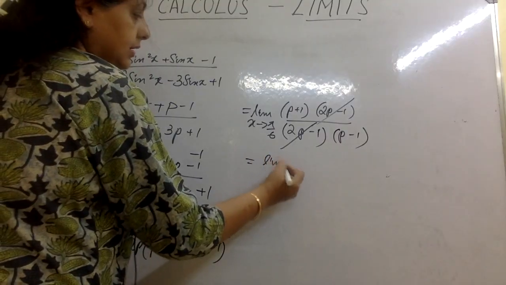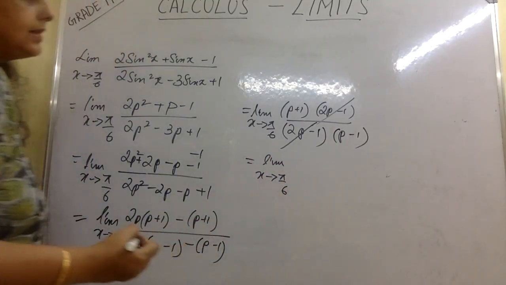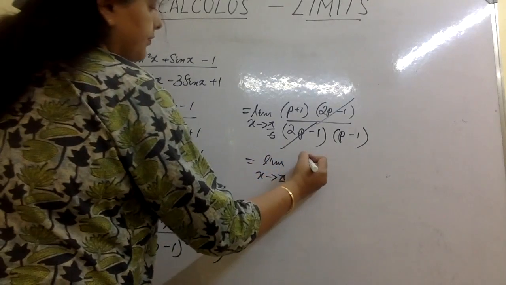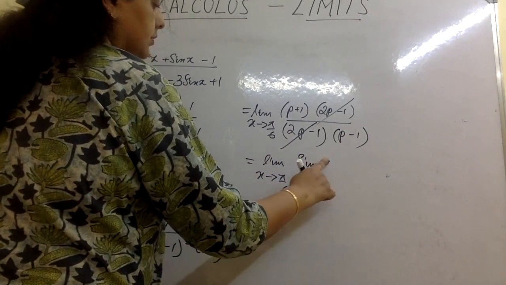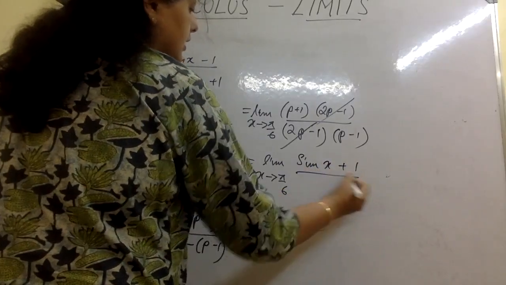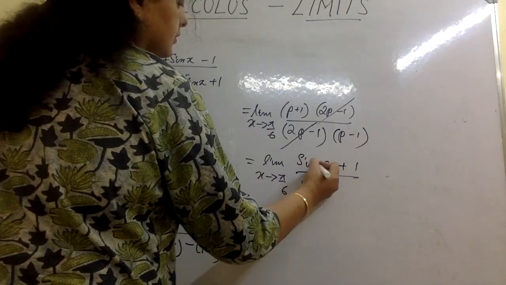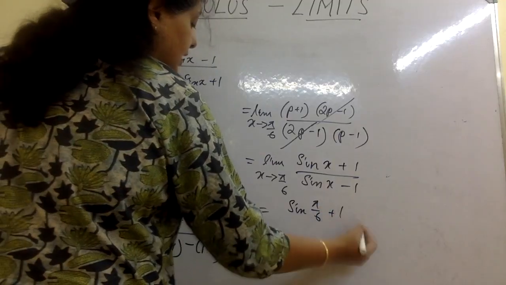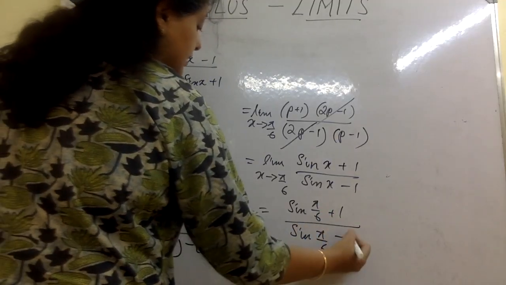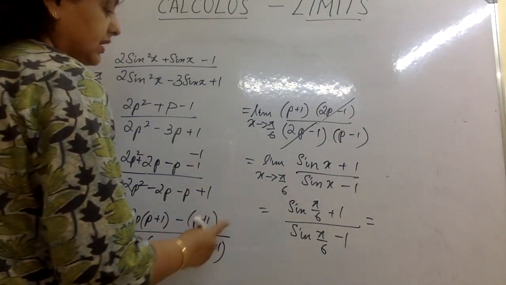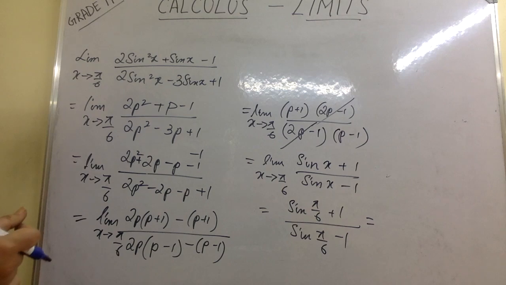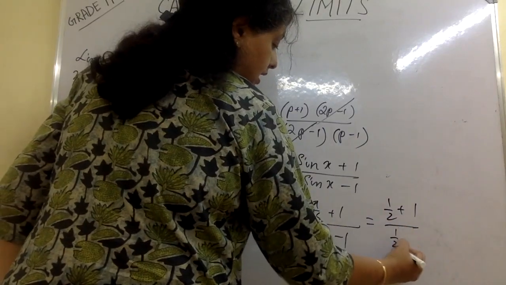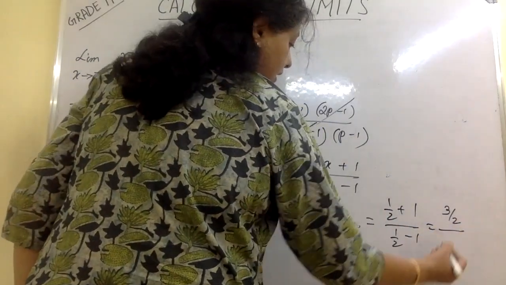This is limit x tends to pi by 6, and then you have sin x plus 1 and sin x minus 1, which is sin pi by 6 plus 1 and sin pi by 6 minus 1, which is equal to half plus 1 and half minus 1, which is 3 by 2 and minus half.